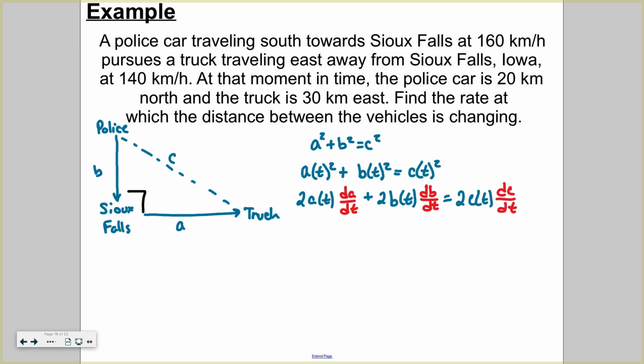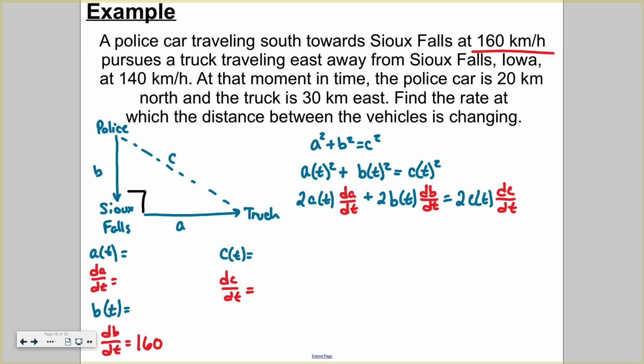All right, so now we have these 6 variables. So we have a of t, dA over dt, and then we have b of t and dB over dt. We also have c of t and then dc over dt. All right, let's see. What do we know? Well, we know that B represents the police car, and the police car is going 160 kilometers per hour, so dB dt is going to be 160.